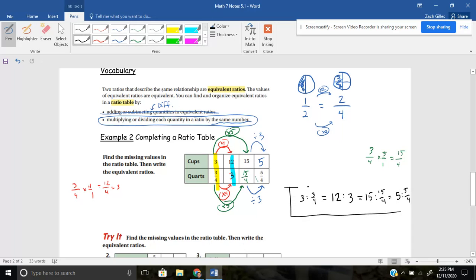There we have our ratios all written as equivalent ratios. Basically, we took this table and we said this equals this, which equals this, which equals this. Same as what I did up here.